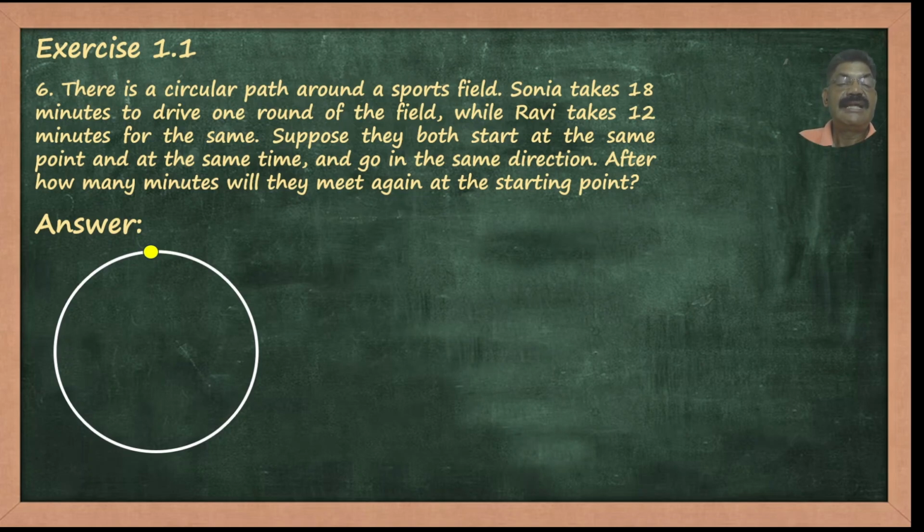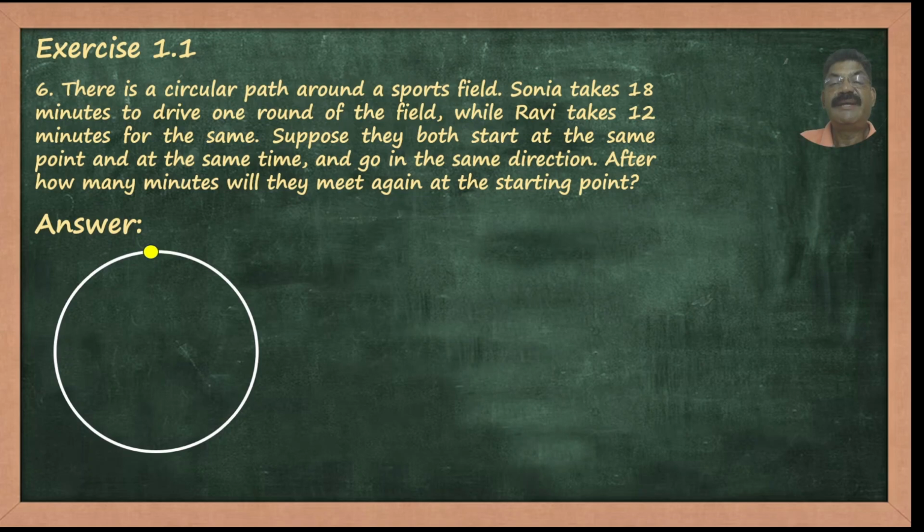Now you look at the diagram. Suppose it is the circular path in a sports field and the dot is either Sonia or Ravi. For one circle, Sonia takes 18 minutes while Ravi takes 12 minutes. So, Sonia comes back to the same point at 18, 36, multiples of 18 minutes.